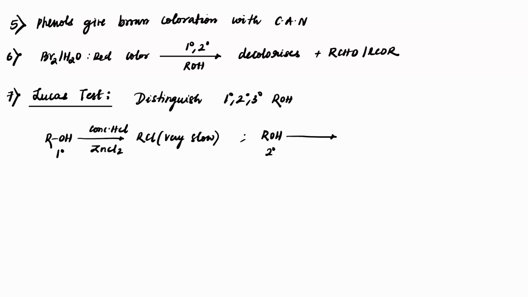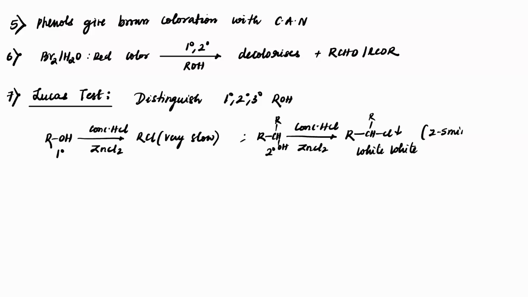If it is a 2 degree alcohol, and you react with concentrated HCl and ZnCl2, it will convert into an alkyl halide, like this R and Cl, and white turbidity is observed within 2 to 5 minutes.